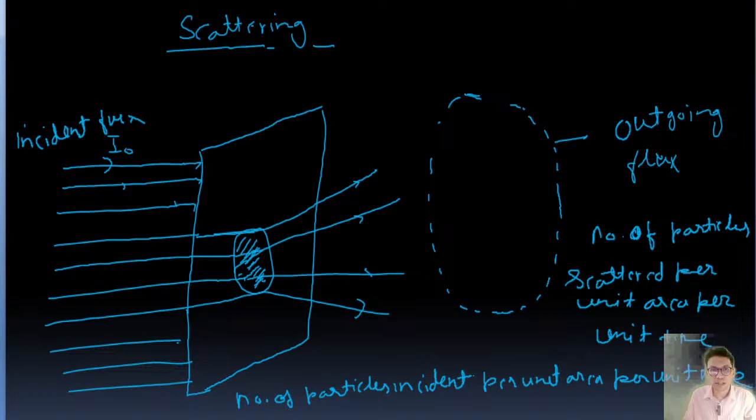So this is the scattering, right? The incident beam of particles strikes and collides with this target, and the particles get scattered in different directions with different energies. This is the outgoing flux, and this is the incident flux.